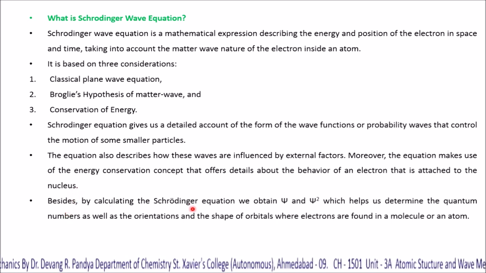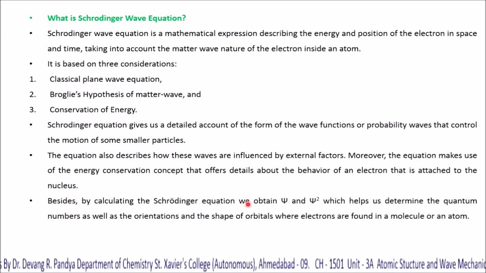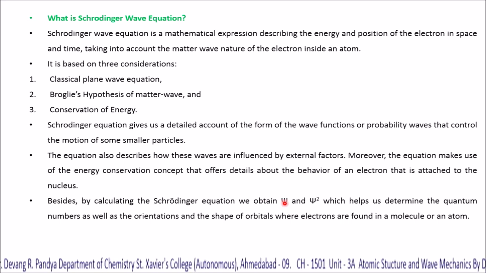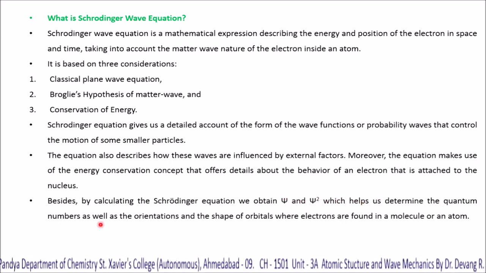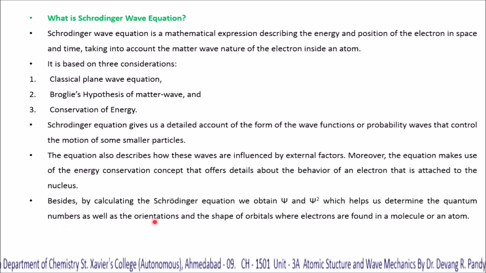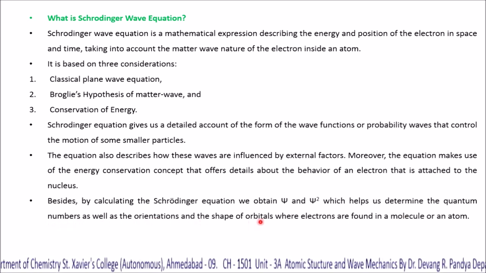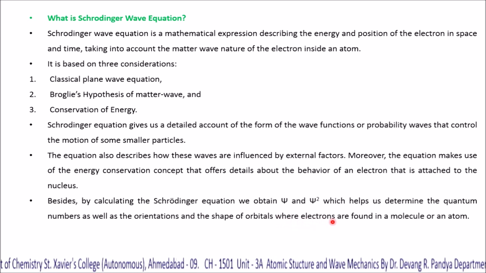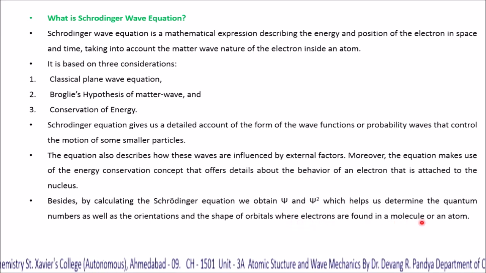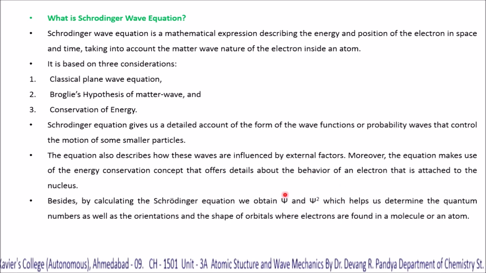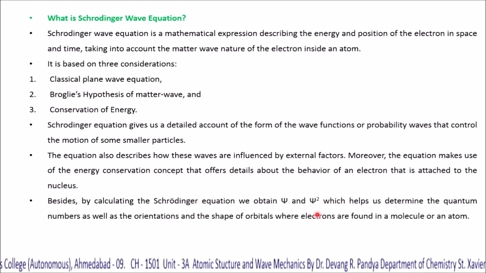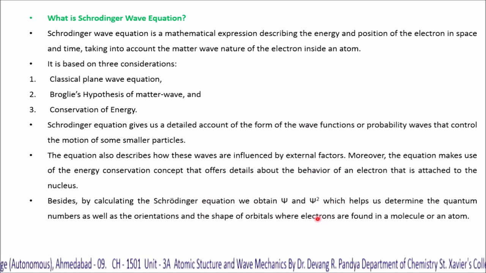Besides, by solving the Schrodinger equation, we obtain the values of psi and psi square, which help us to determine the quantum numbers as well as the orientation and shape of orbitals where electrons are found in a molecule or an atom. And that is how we are able to define the atomic structure in a better perspective.